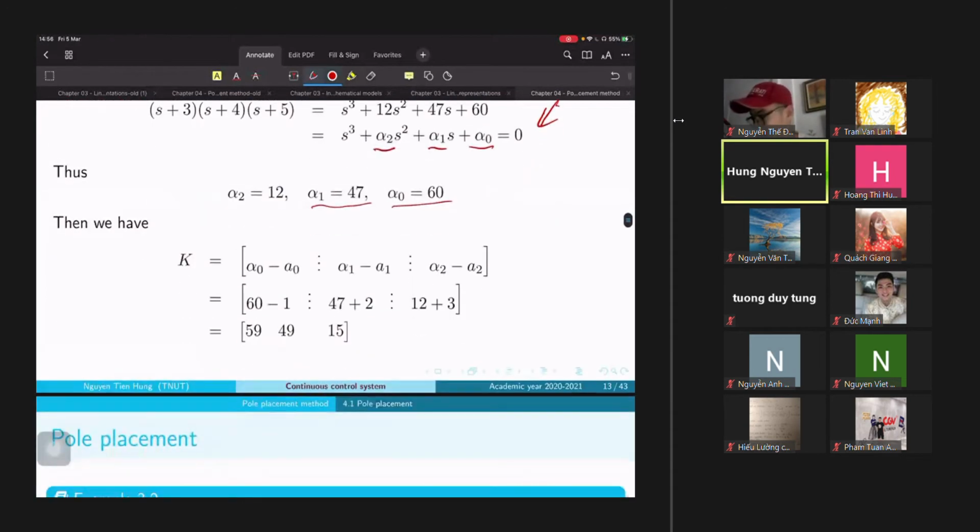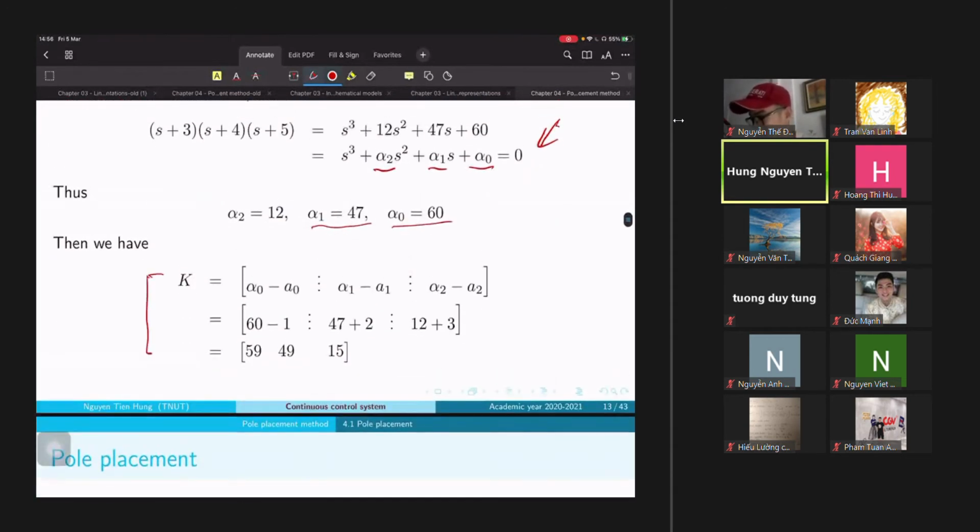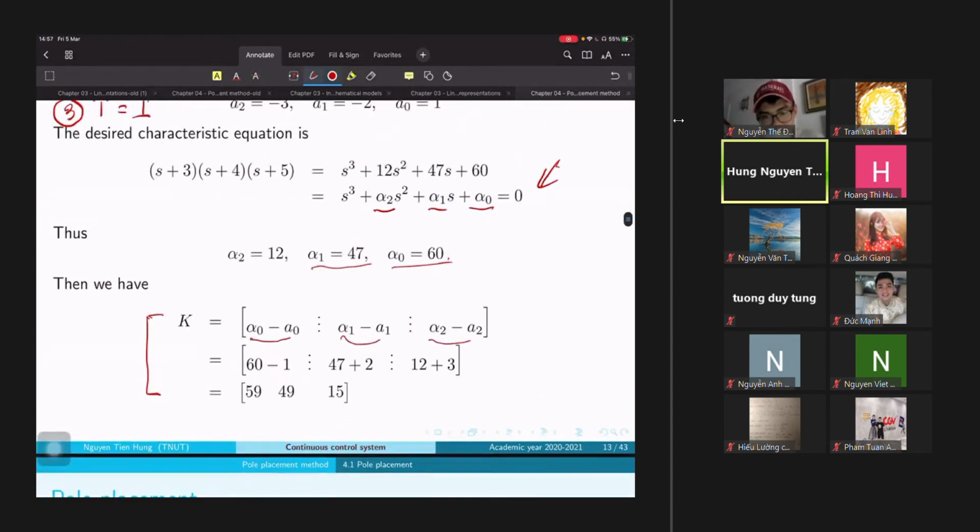And then the gain can be found like this: alpha naught minus a naught, alpha 1 minus a1, alpha 2 minus a2, and we apply this.